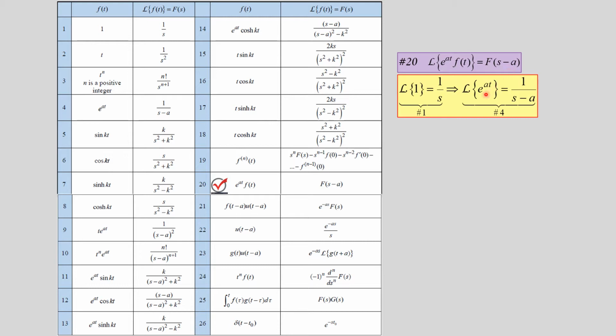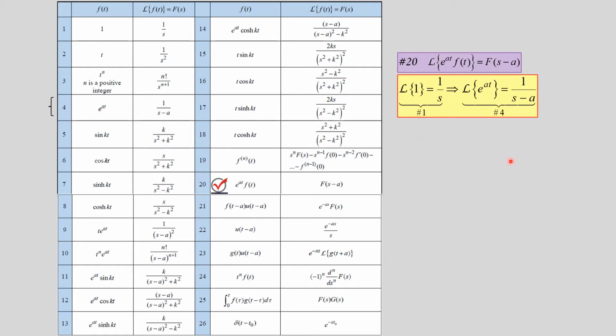So to get the Laplace transform of e to the at, which is actually 1 multiplied by e to the power of at, we simply use the result of the Laplace transform of 1, except that the s now has been replaced by s minus a. So the Laplace transform of 1 is 1 over s. Therefore, the Laplace transform of e to the power of at is equal to 1 over s minus a. And this formula is found at row number 4.